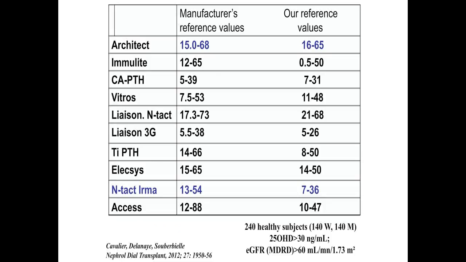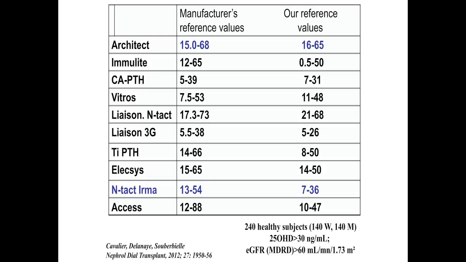So just to illustrate this, in these studies by Cavalier and others, here's a comparison between manufacturers' reference ranges and a reference range found by Cavalier and colleagues in a carefully defined population such as I've described. And you can see that if you start here on the bottom, it makes quite a bit of difference.